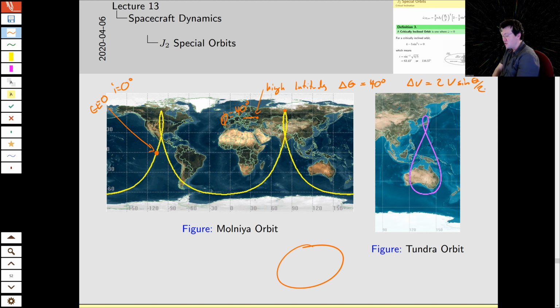And so for the Soviet Union, if you're launching it, you have to do a plane change of 40 degrees. That's a lot of delta V budget. It's very expensive to do. So GEO has a very high delta V budget.